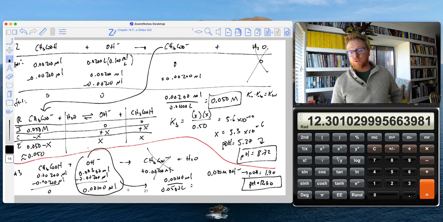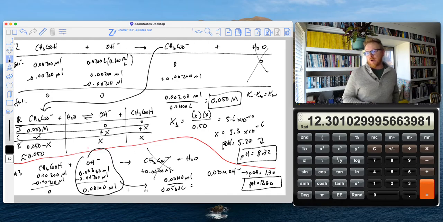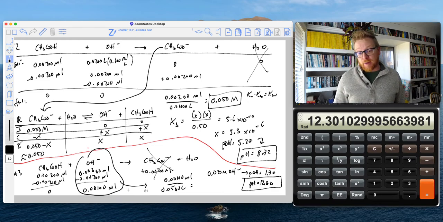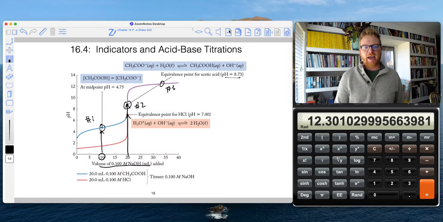So you can see this post-equivalence, when you have leftover hydroxide, or really to say leftover titrant, it just becomes a very straightforward calculation because we assume that that leftover conjugate base is not going to be significant compared to the amount of hydroxide. And if we look at that pH 12.3 and we look at our curve, right?